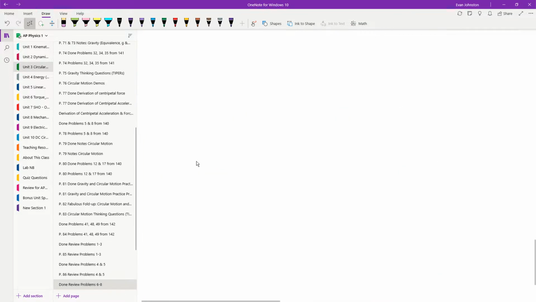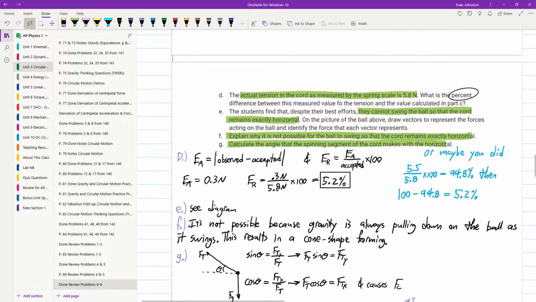Using that equation, the absolute error is 0.3, and the relative error then takes that and puts it into this equation, where the actual tension is the accepted value.